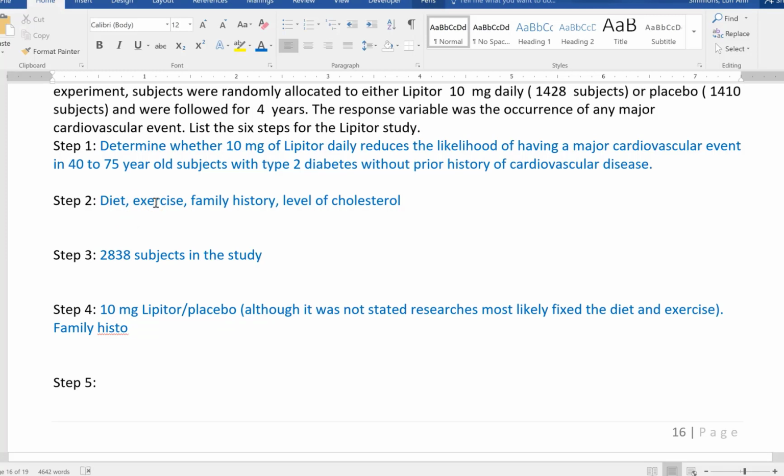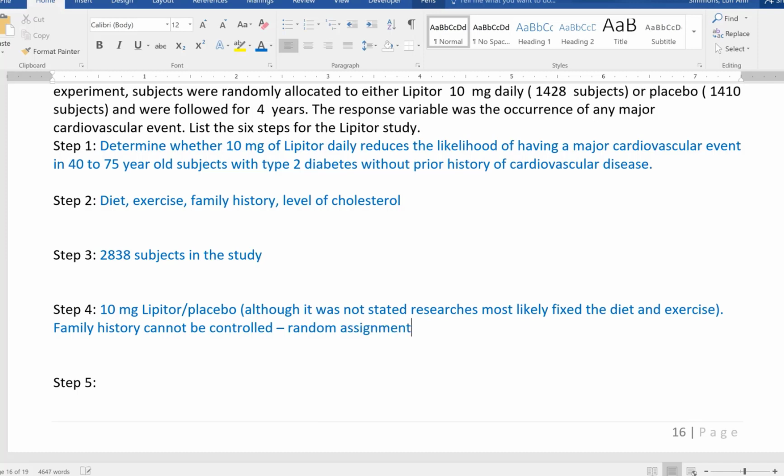They're being controlled. Family history cannot be controlled. So we're going to randomly assign these to the groups. When you do that, this averages out any family history. So when you do random assignment, it's used for things that cannot be controlled, like your family history.